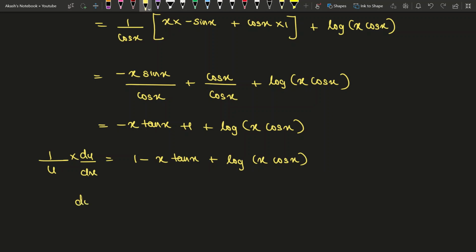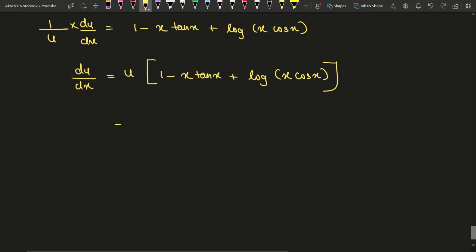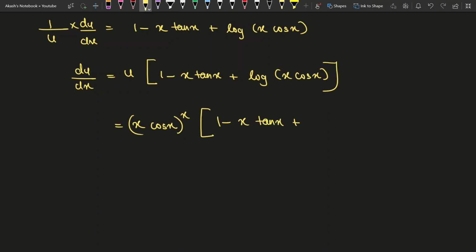Therefore, du by dx is equal to u into 1 minus x tan x plus logarithm of x cos x. Clear? What is u? U we assumed as x cos x whole raised to x. So we can write this as x cos x whole raised to x into 1 minus x tan x plus logarithm of x cos x.